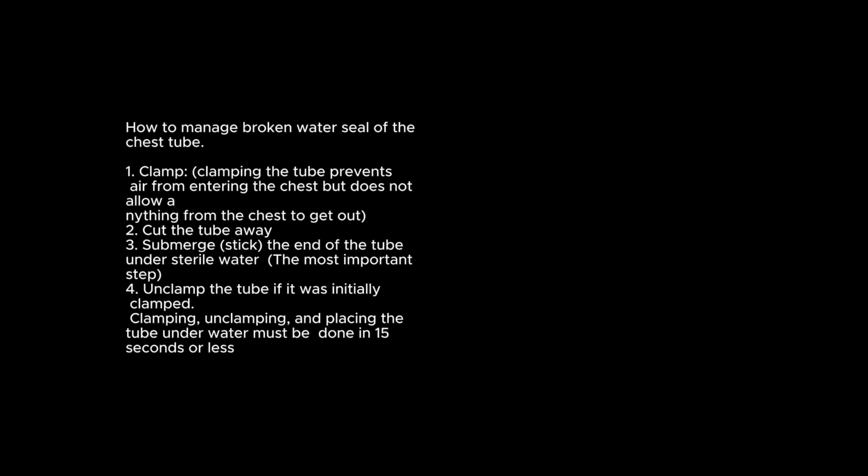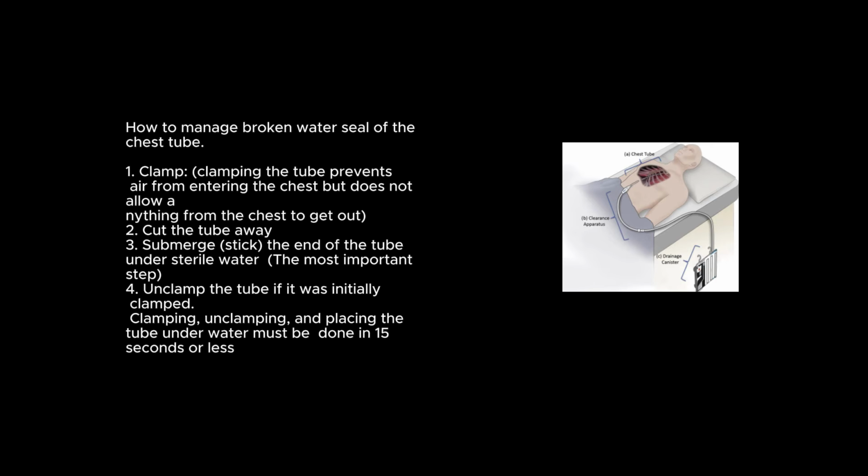Okay, the other part we need to talk about before we draw a conclusion today is how do I answer questions that have to do with the water seal being broken. When the water seal is broken for a patient who is on chest tubes, the first step is to clamp.